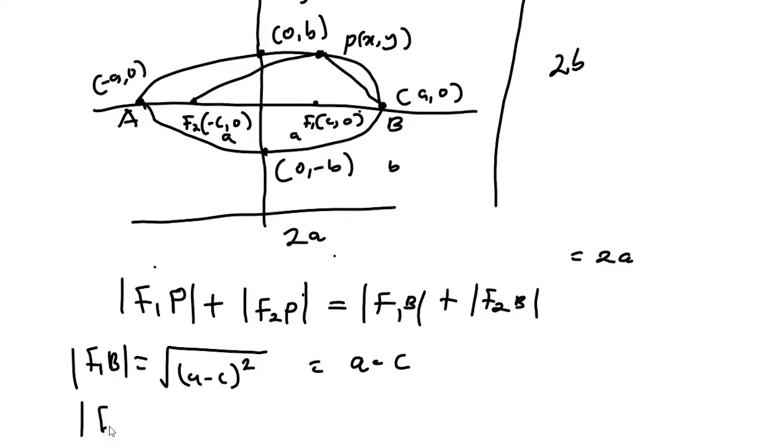And let's see F2B. This one will be equal to the square root of A plus C squared.